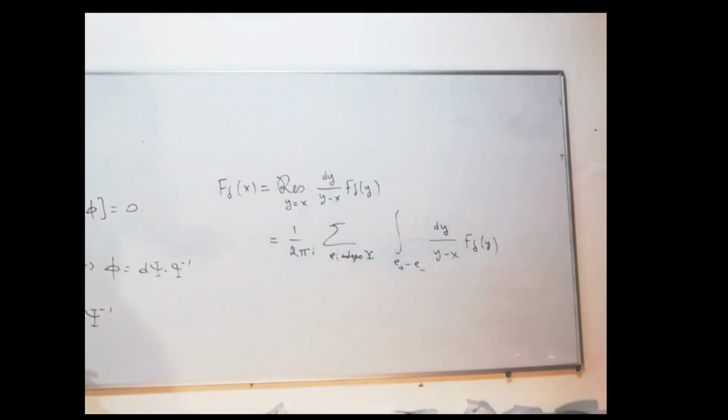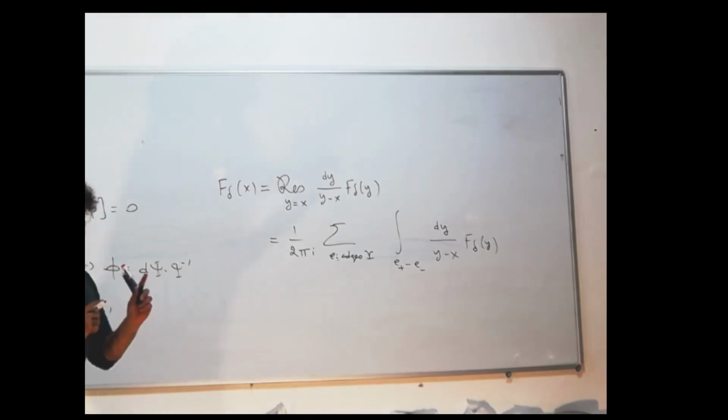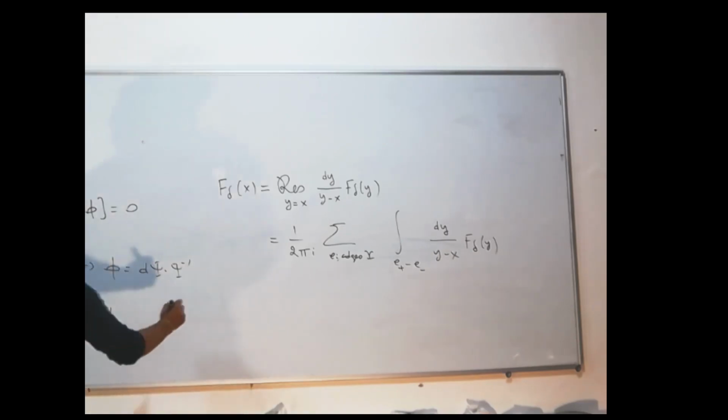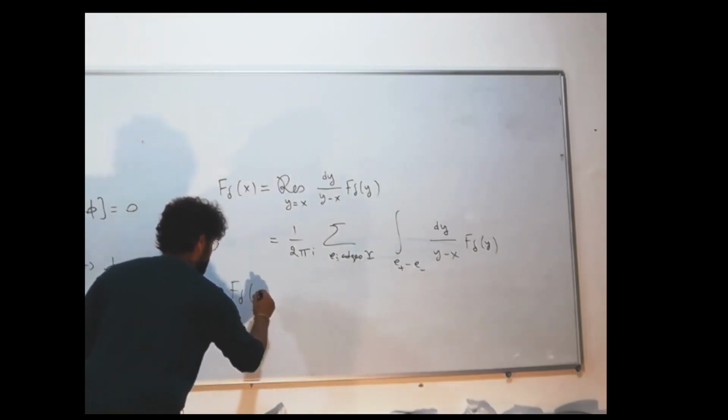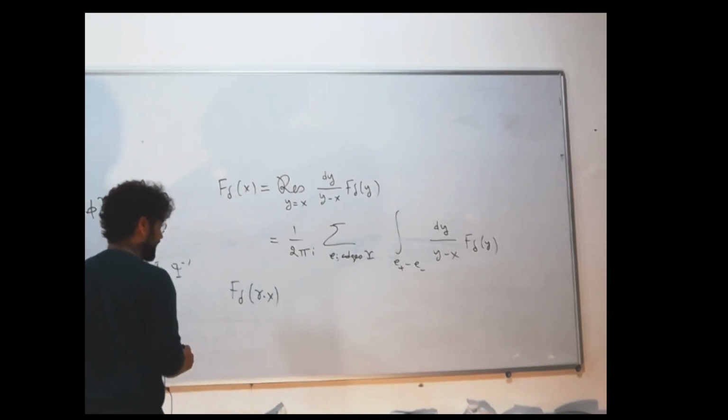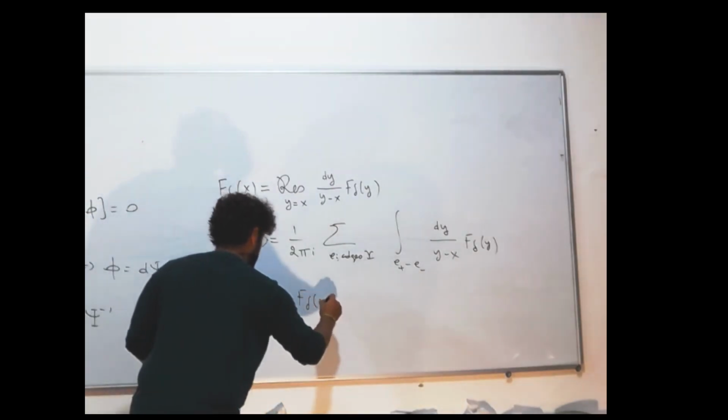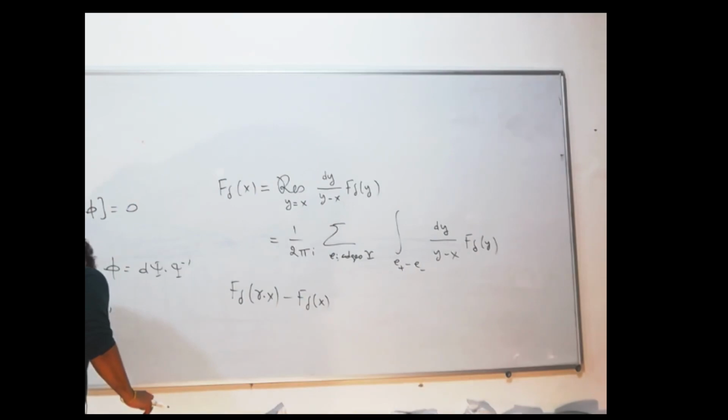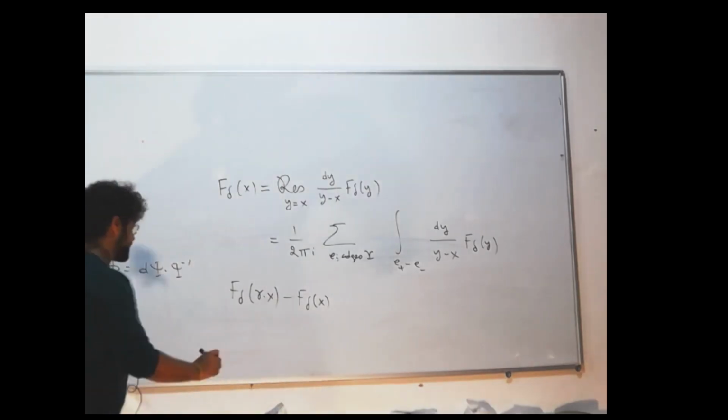Okay, but now we can use that definition here to calculate the difference that f delta has on one side and the other of a certain edge. So this gives f delta of gamma dot x minus f delta of x. And so you replace here.